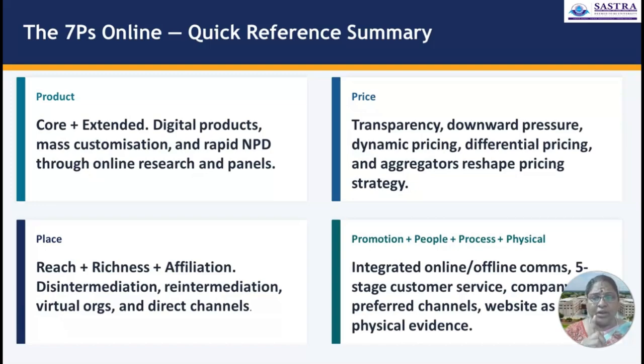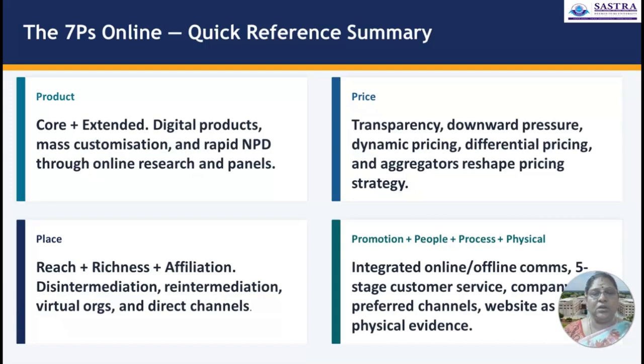The products are core product plus extended product, and the internet enables the digital versions like mass customization, bundling of products, and accelerated new product development. When you are coming to the pricing strategies, the transparency, the downward pressure, the dynamic pricing strategies like differential pricing and aggregators reshape pricing strategy entirely.